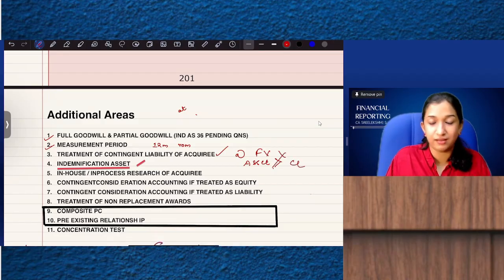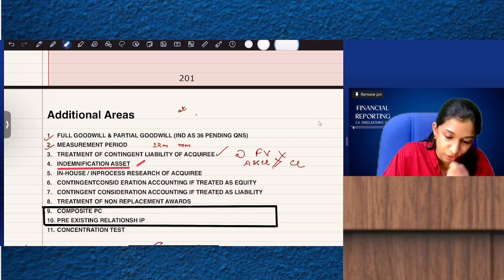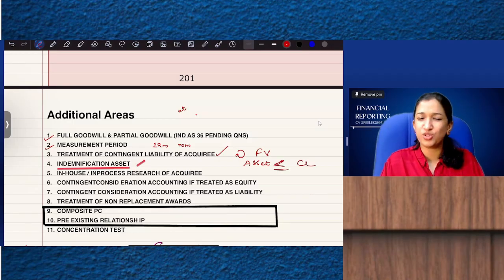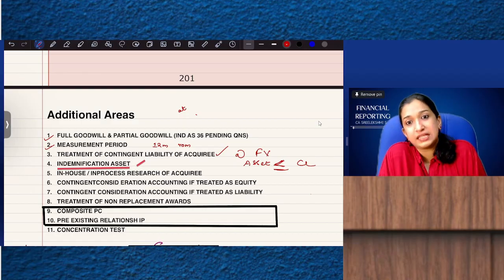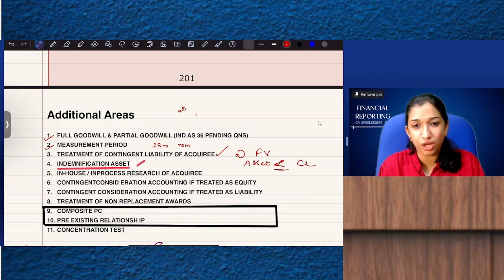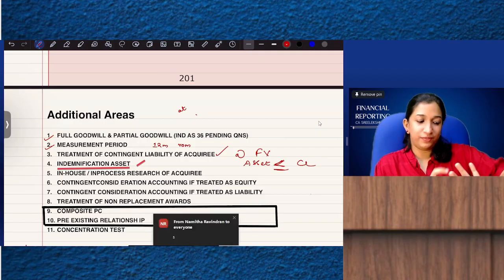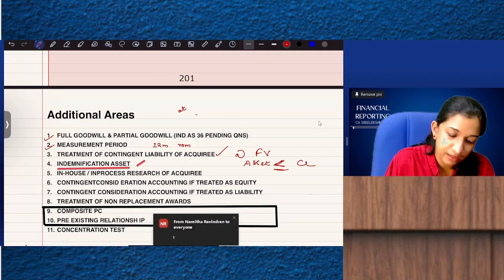Which means the asset value should always be less than or equal to the contingent liability. Yes or no? Indemnification asset value should not exceed the value of the contingent liability. Have you studied it? Yes, yes, yes.